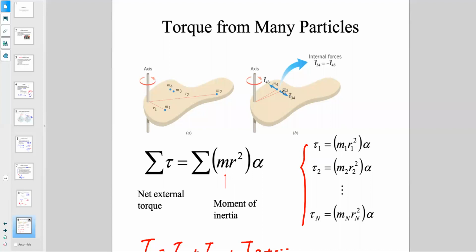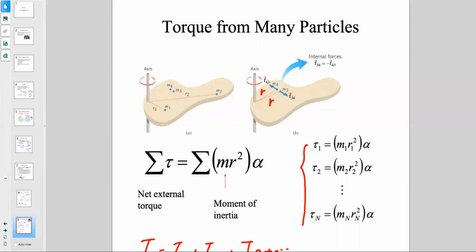So both of these objects are away from the axis of rotation by the same distance. So this R and this R would be the same. You have two forces, one in this direction, the other in the opposite direction, so they will cancel out. So all of the internal forces will cause no torque or no change in the torque.